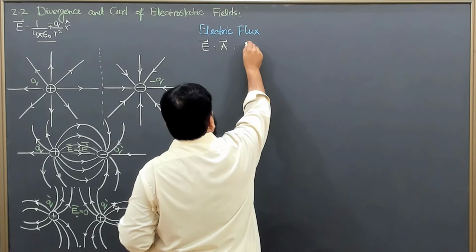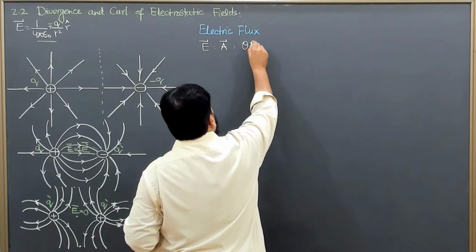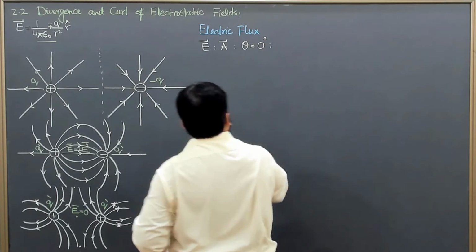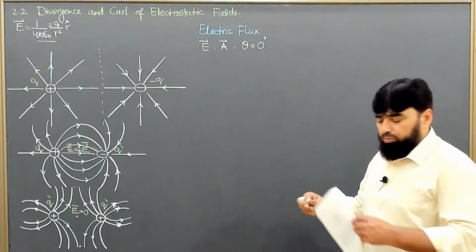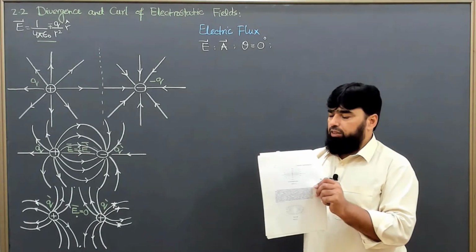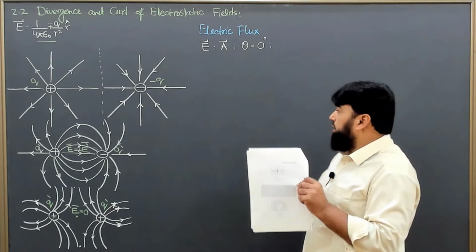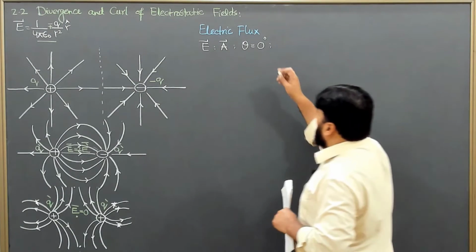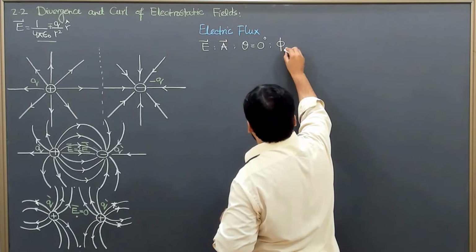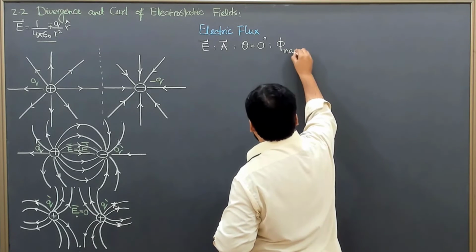So if I talk in terms of the angle, if the angle between the electric field lines and the direction of the area is 0 degrees, then we know that the flux passing through it will be maximum.